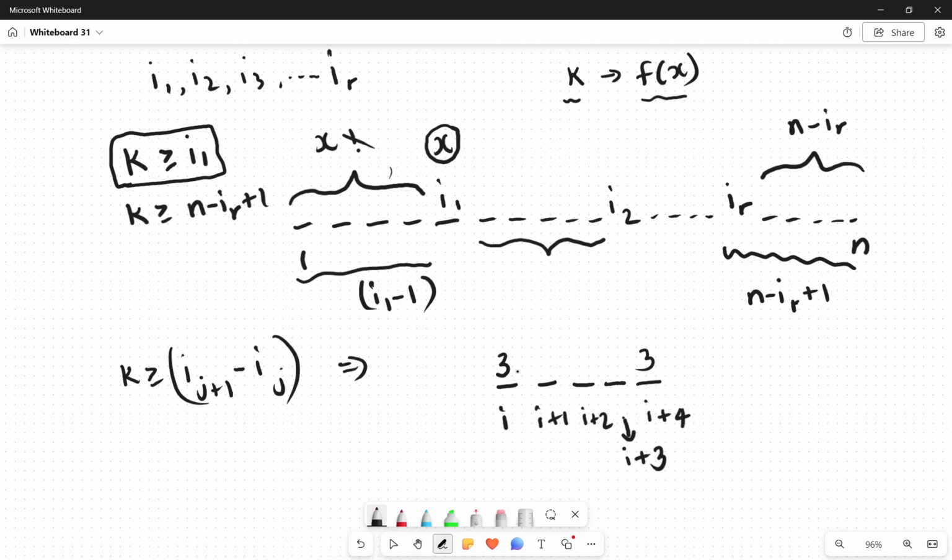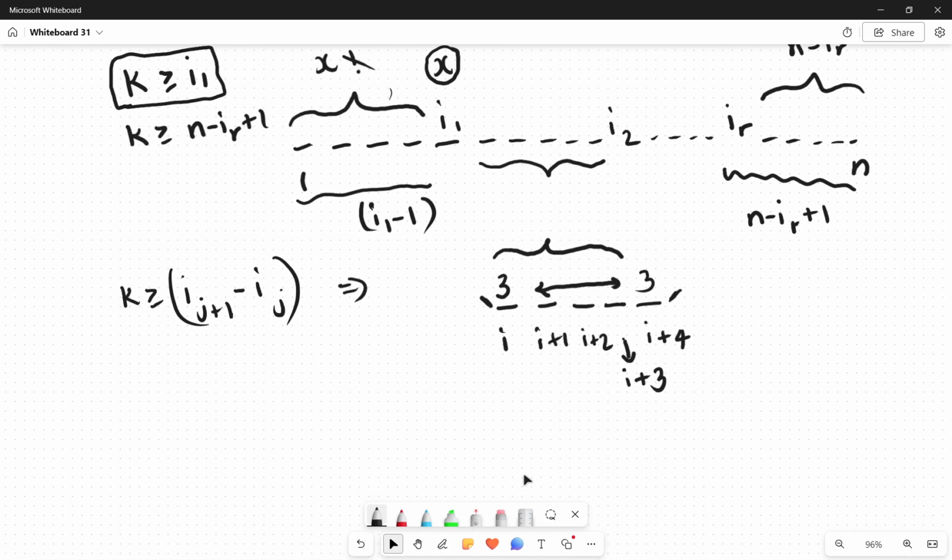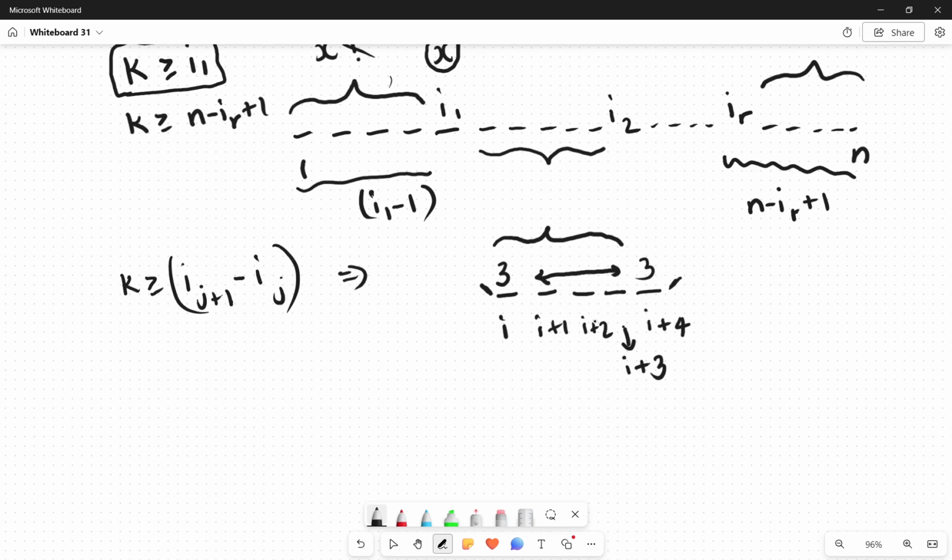It is okay if we don't have x in this interval, because we have x here and x here. Here i plus 4 minus i is 4.